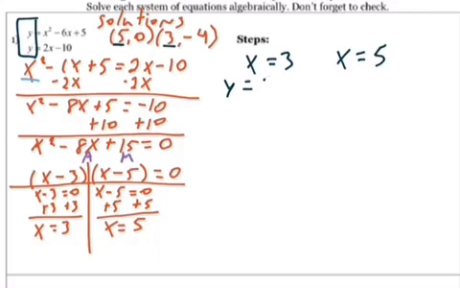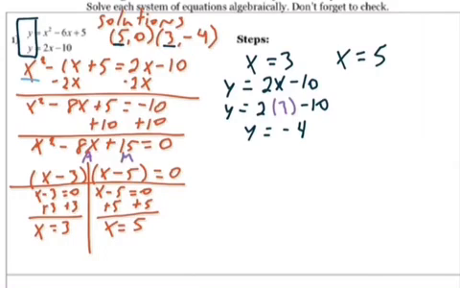I usually use the linear equation because it's shorter. y equals 2x minus 10. And you're going to take and substitute the value of x in place. So y equals 2 times 3 minus 10, giving you y equals negative 4.